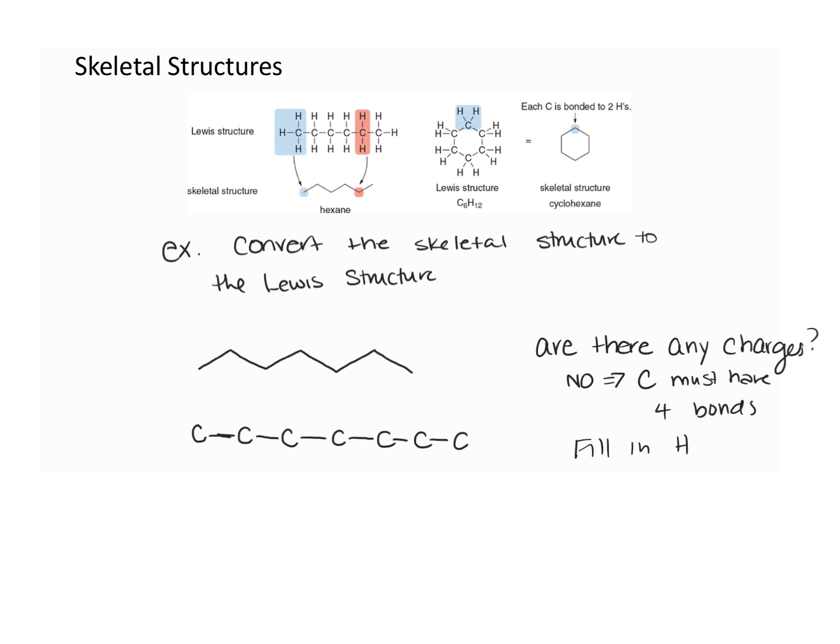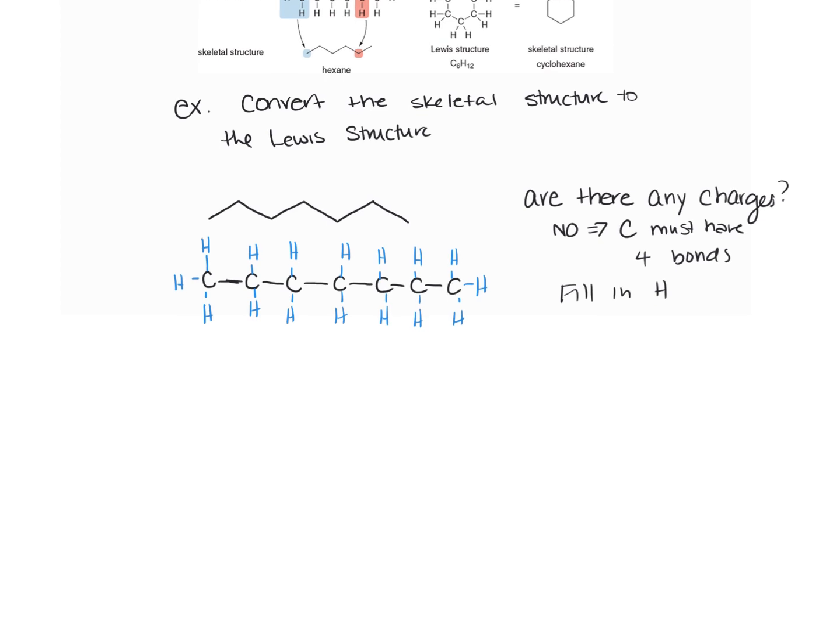So I would say, okay, this first carbon only has 1 bond, so it needs 3 hydrogens. And then the second carbon has 2 bonds, so it needs 2 hydrogens. And we do the same thing for the middle, and then around like that. So that's how we can convert from a skeletal structure to a Lewis structure.